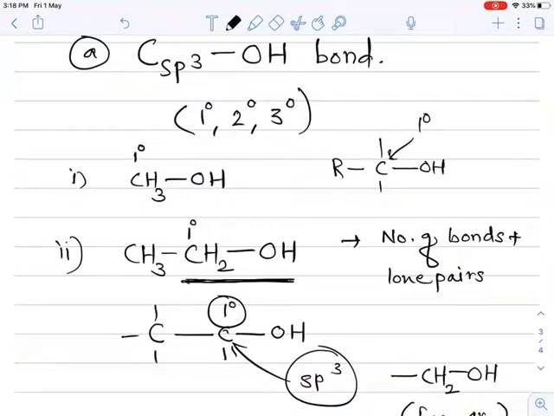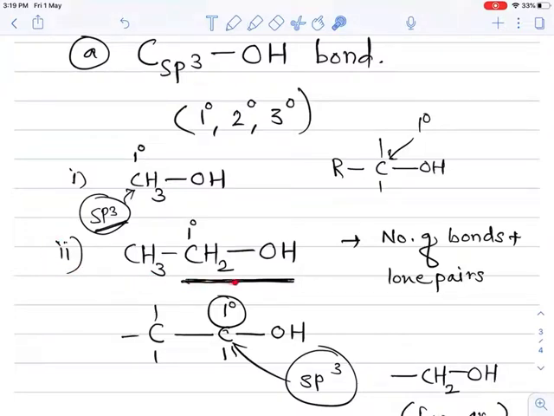And this is again singly bonded, and that's why this is sp3 hybridized. So if the carbon completes its 4 valency by single covalent bonds, then it is always sp3 hybridized.